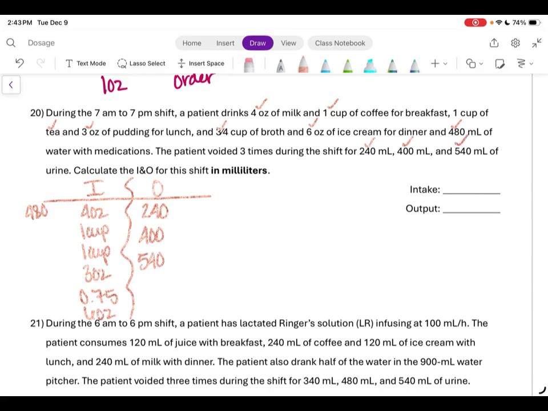All right, so we gotta convert all these household measurements to milliliters again, or at least some of them.